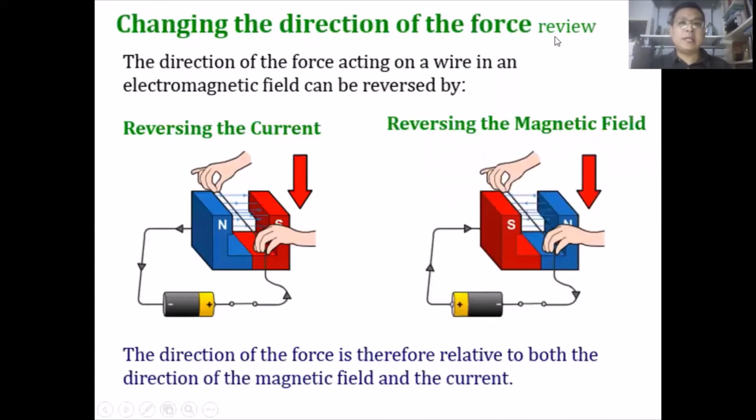So we have an experiment here to measure the direction of the magnetic field with the direction of the current. Example one: we have a battery here with the magnetic condition.